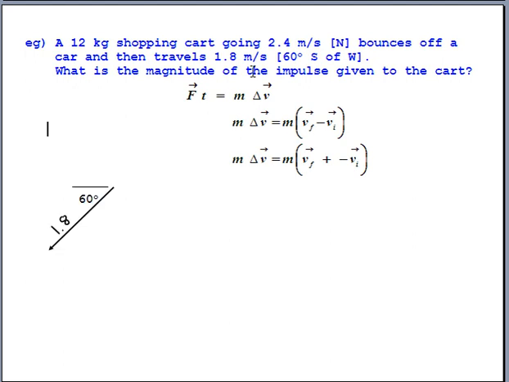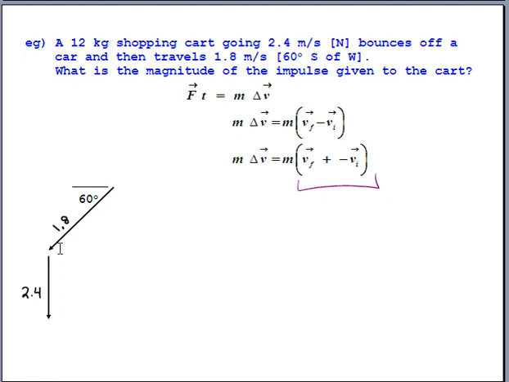Okay, here goes. There's my 1.8. There's my final. That's me doing this. And now I'm going to add on the opposite of 2.4 north. Well, the opposite of 2.4 north would be 2.4 south. So all of this work that I'm doing right now, I'm just trying to find how big that bracketed part is.